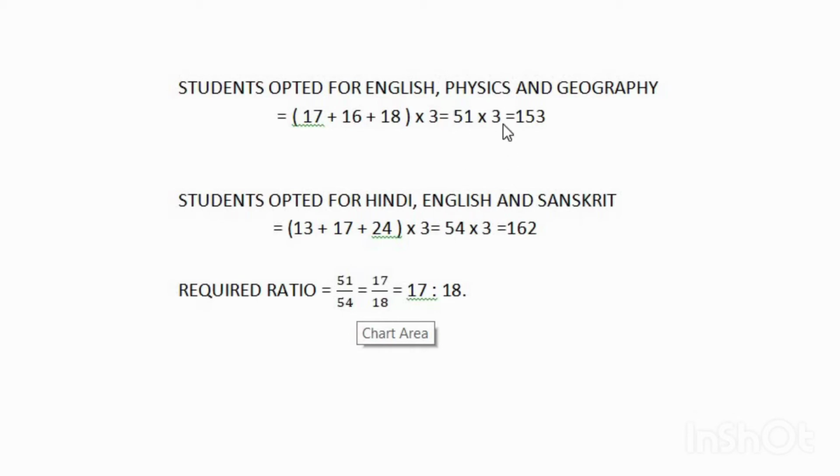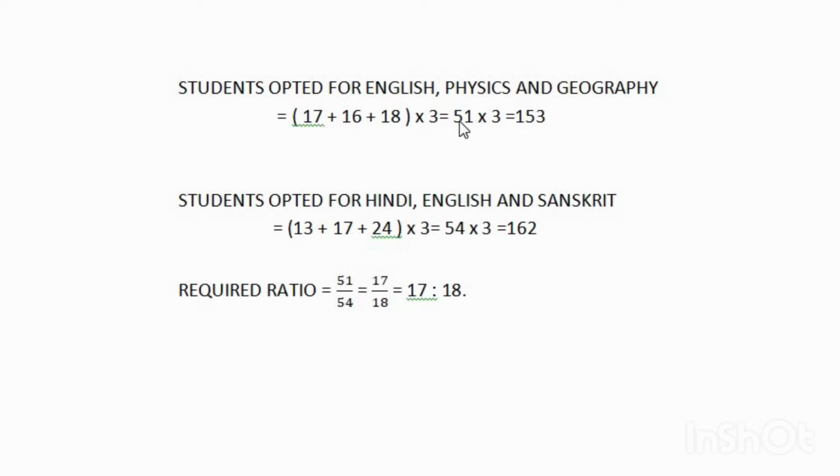Because this 3 is common. When we do division or when you find the ratio, this 3 gets cancelled. So no need to find out 51 into 3 in this case and no need to find out 54 into 3 in this case, because we have to get the answer in a very short time. So ultimately this 3 gets cancelled at the end because we are doing division or ratio.